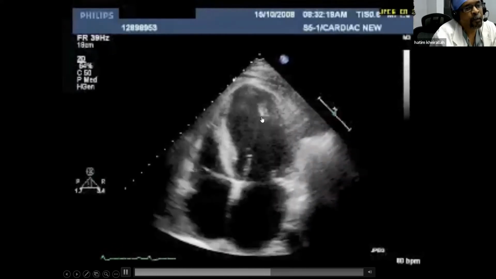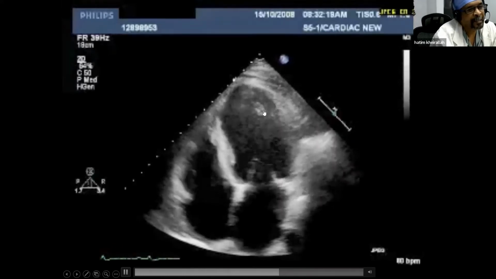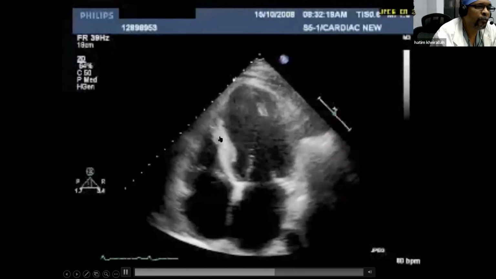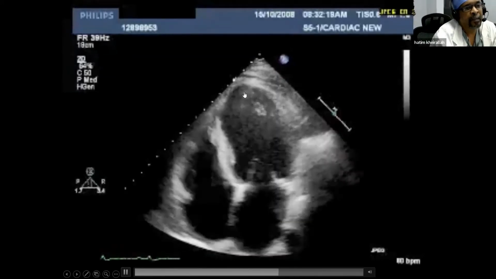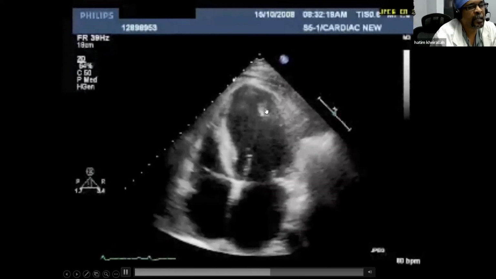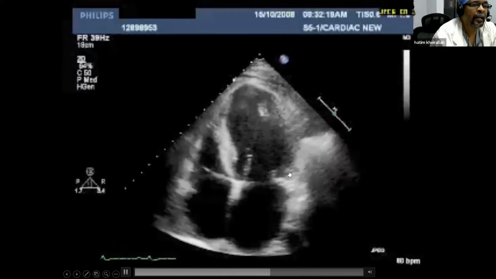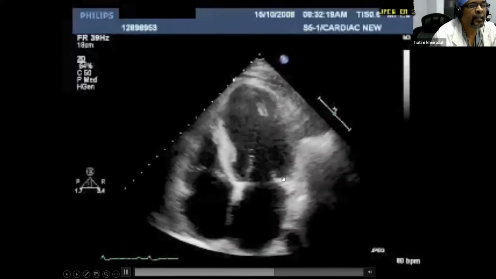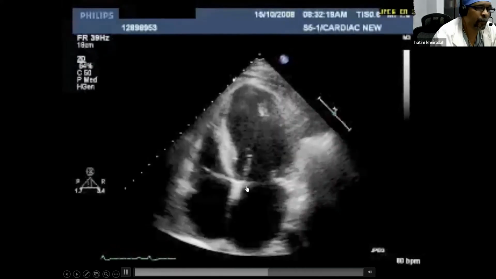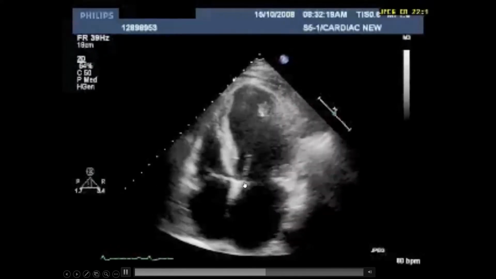Whenever you suspect a thrombus like this, you cannot diagnose it just based on this image. You need further orientation and better delineation of the apex to see if this is an actual thrombus or just trabeculation.